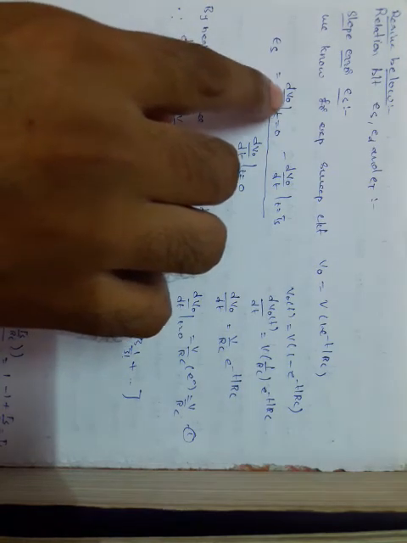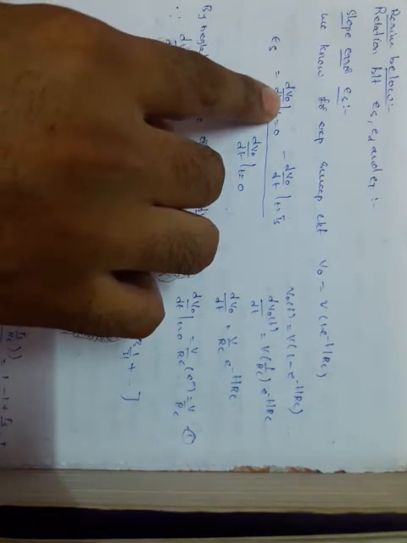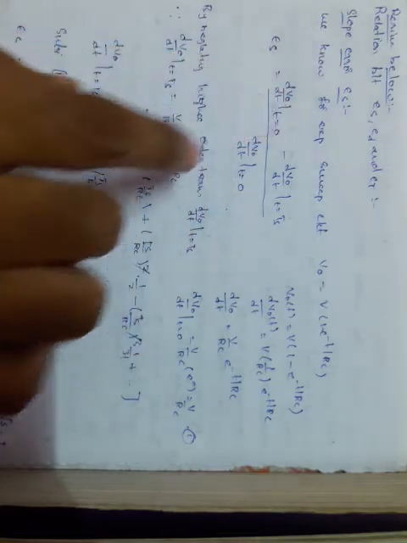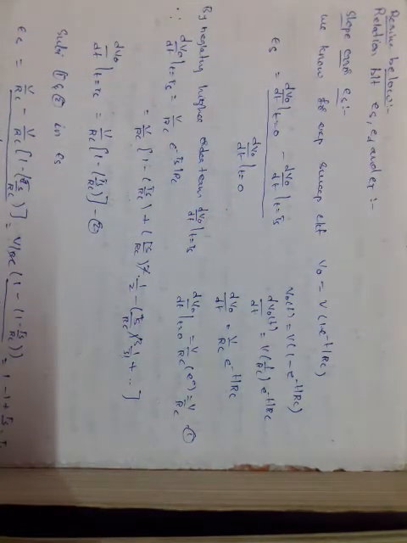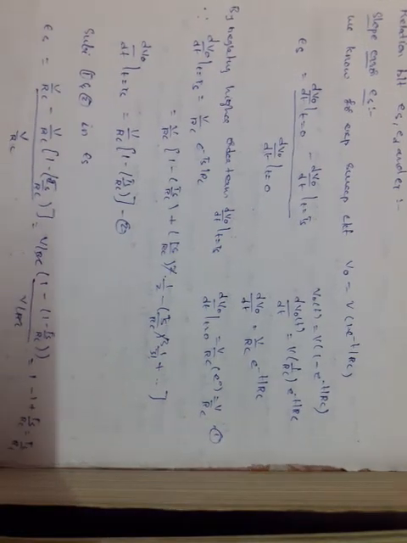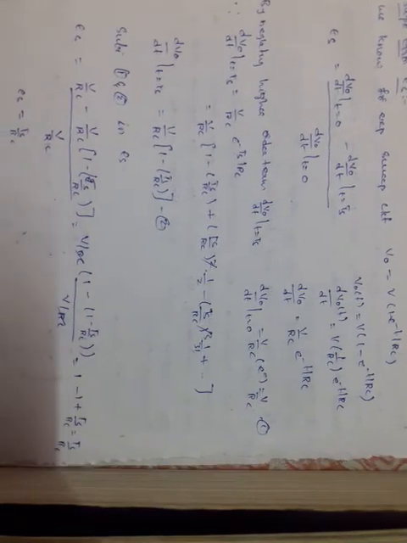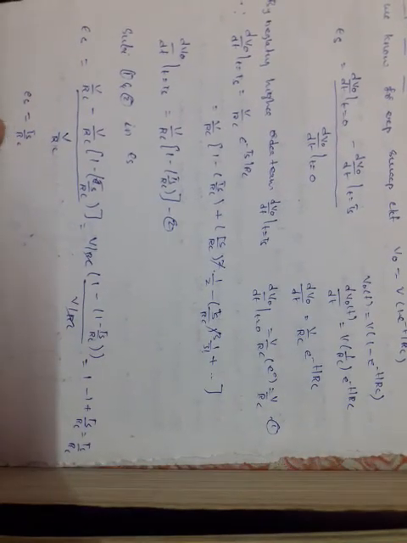In place of V naught you substitute that value and calculate the slope error. Then we get Es equal to Ts by RC.